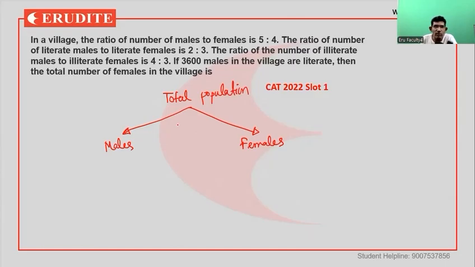Now they're in the ratio 5:4. Now the ratio of the number of literate males to literate females. So males and females are again subdivided into two categories, literate and illiterate. Same for females, literates and illiterates.